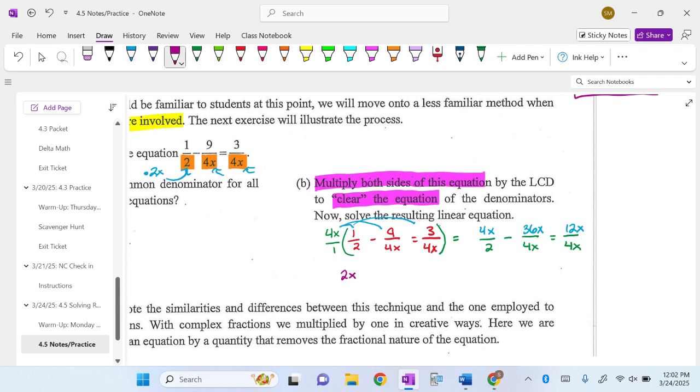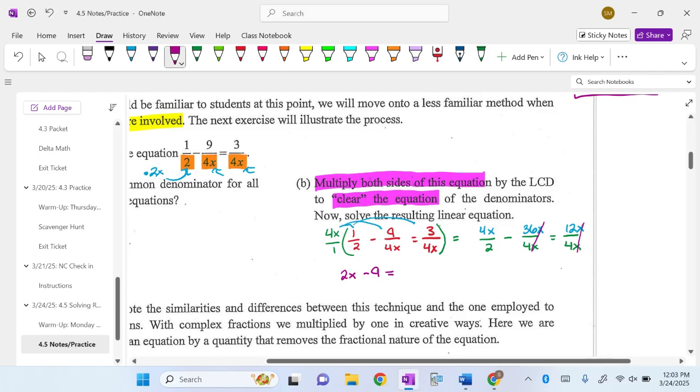What's 36x divided by 4x? 9. The x's cancel. 36 divided by 4 is 9. So minus 9 is equal to 12x divided by 4x. 3. The x's cancel out. 12 divided by 4 is 3. And that's my new equation right there: 2x minus 9 equals 3.